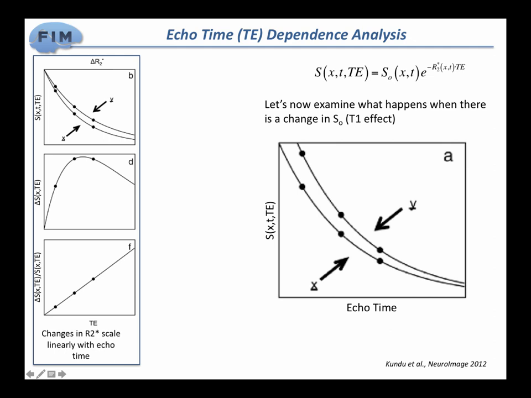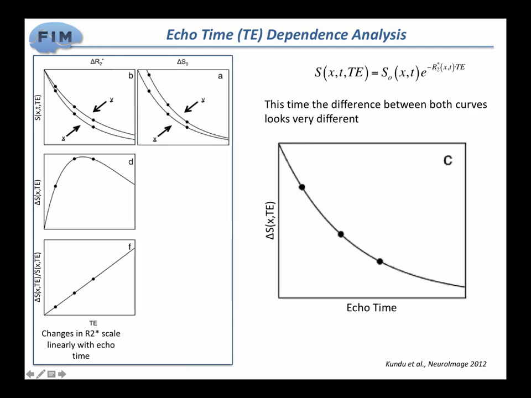Now, let's look at the same curves, but this time let's leave T2* constant and just make a little change in S0, because there is motion or a T1 effect or some hardware instability. What we could get is these two curves. As you can see, they're different to these two. If we think of the difference between them, the profile that we get across echo times is very different to this one.